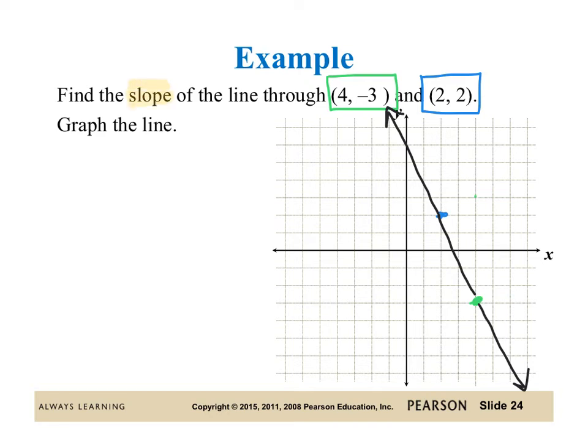Now we can calculate it using the formula, and in fact we will. But before we do that, I want to point out that once you've plotted these points, you can calculate the slope by counting. If you start at the leftmost point, to get to the rightmost point, you go down 1, 2, 3, 4, 5, and then right 2, 1, 2.